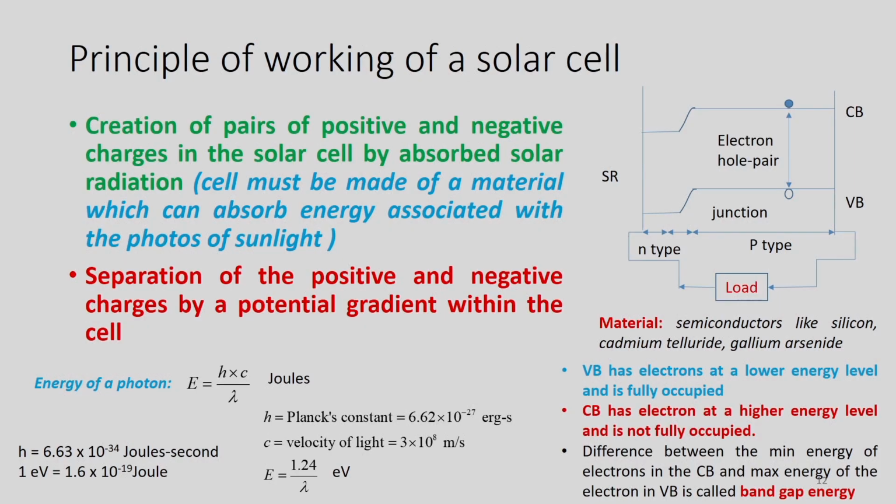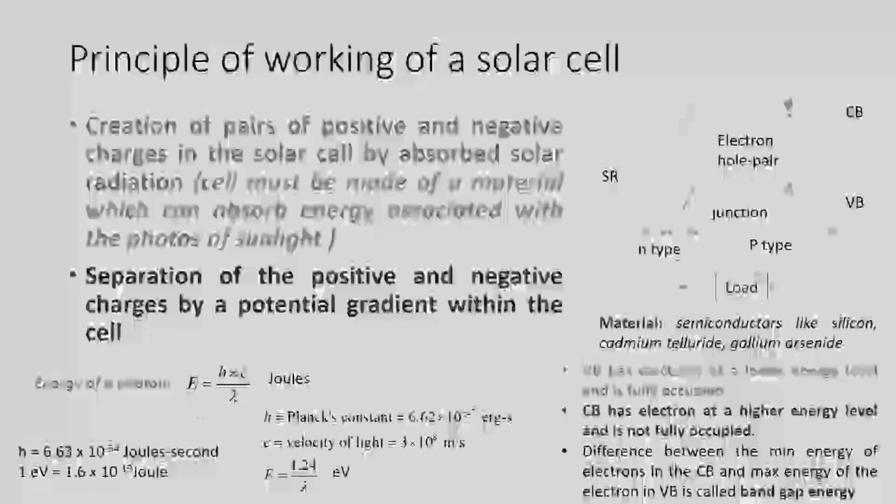So, the material we consider has to be capable enough to absorb the energy associated with the photons in the sunlight. And once that is created, we have to separate the charges by using a potential voltage which is built into it. Okay.